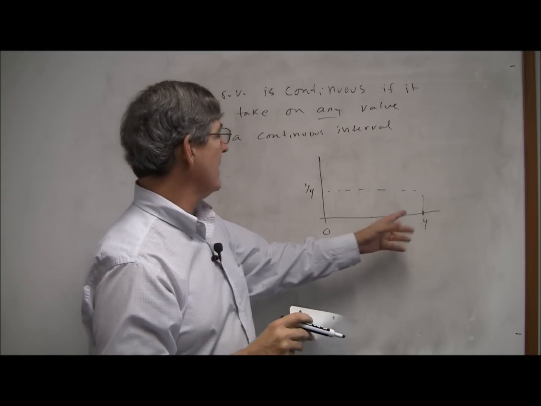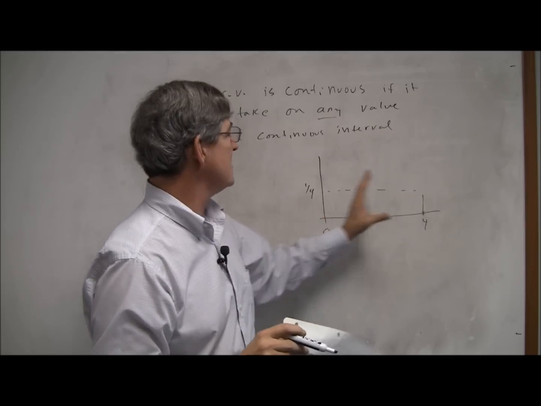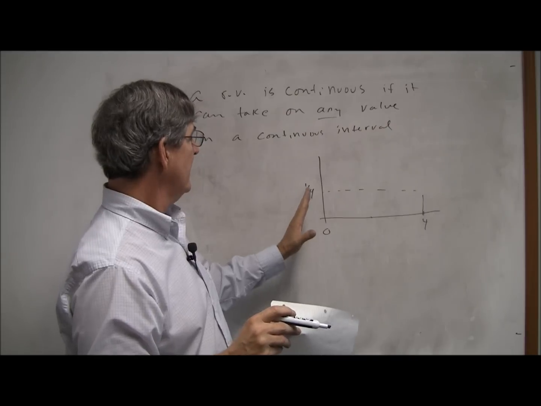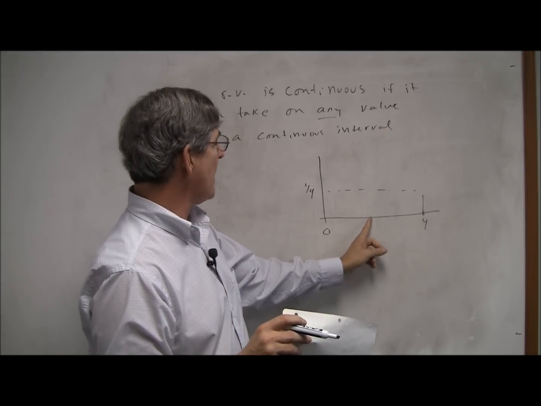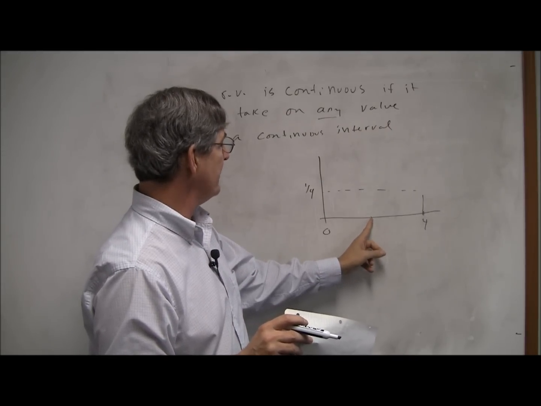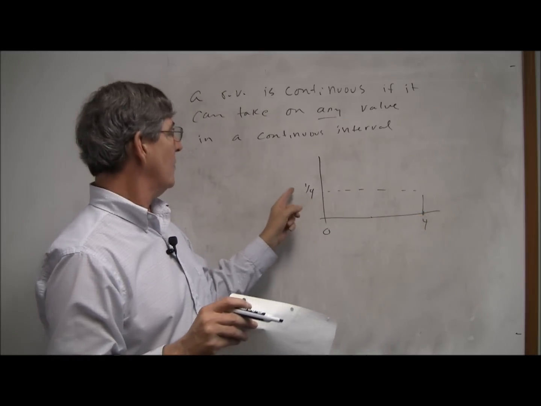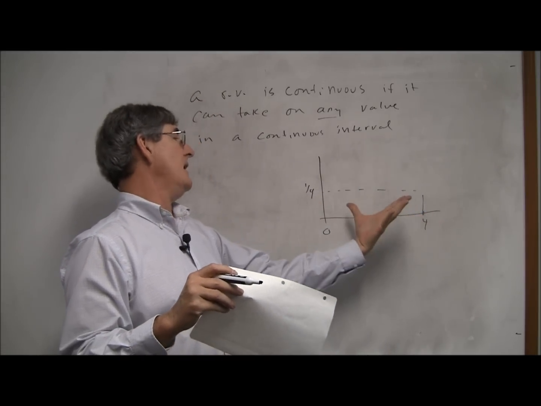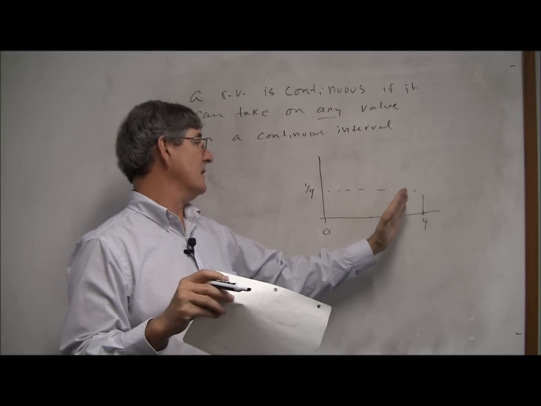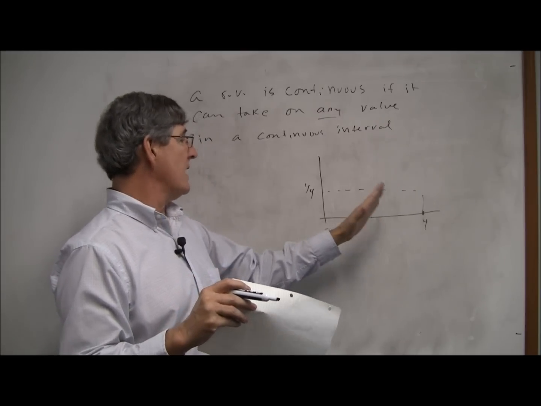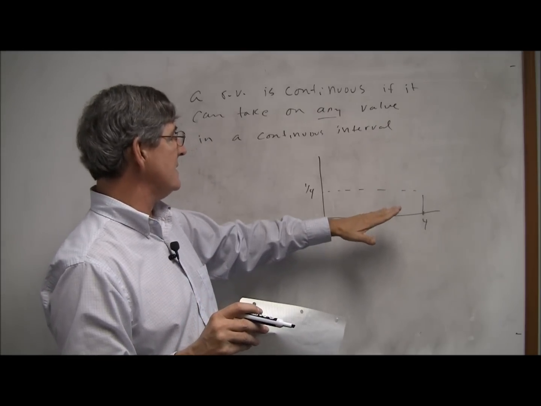If we look at the total area of this, it's just the height times the width, so the total probability is 1. If we sum the probabilities times the outcomes, we get 1/4 times 4, a total probability of 1. Later on, we'll talk about probability density functions.